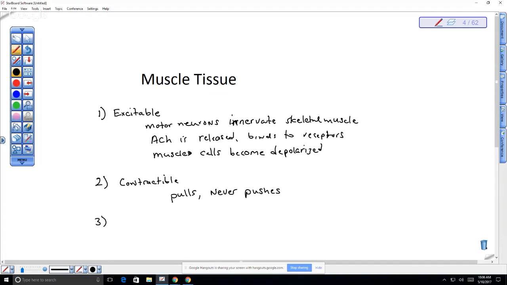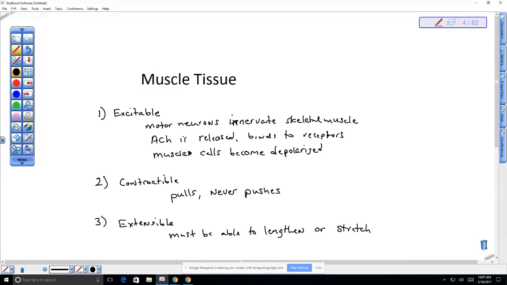The other thing is that it has to be extensible. So this means that it must be able to lengthen or stretch. Oops, I am not doing very good with my spelling today. So stretch, the T. Okay.